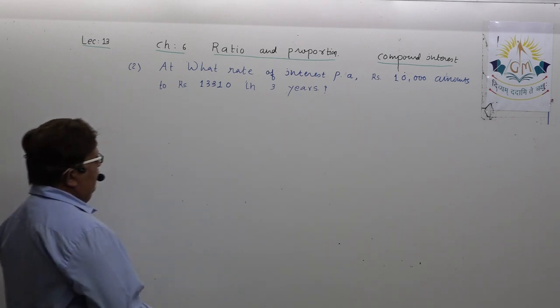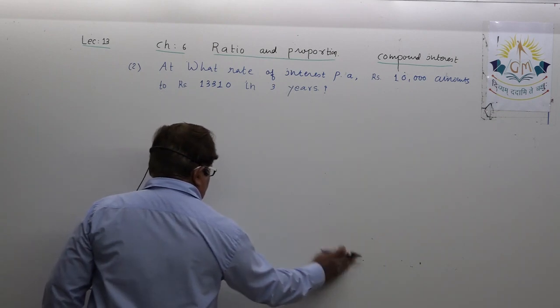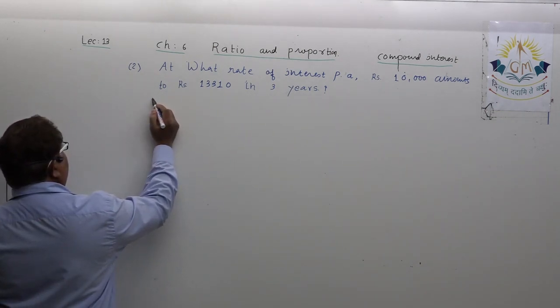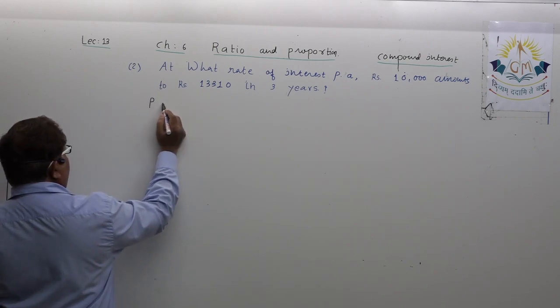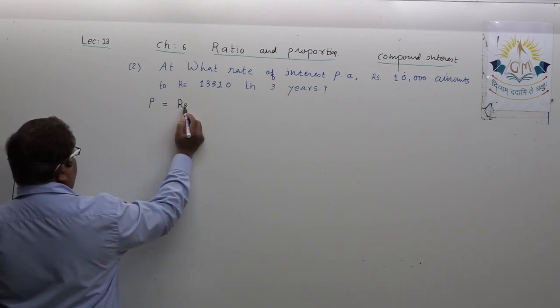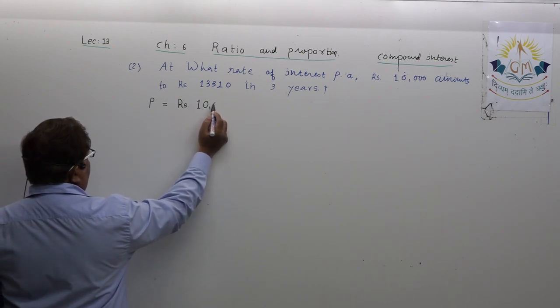Let us first represent the given data. What is the principal given? Rupees 10,000.